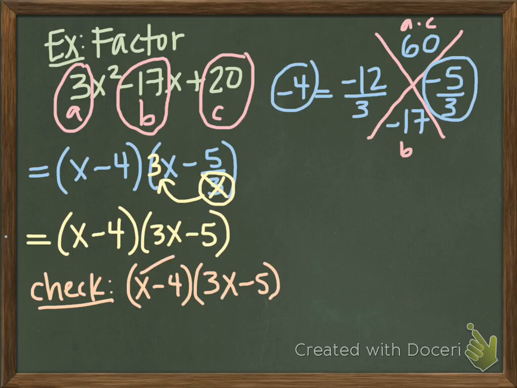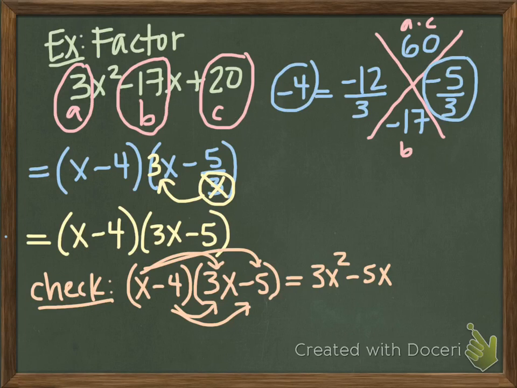So let's double distribute. X times 3x is 3x squared. X times negative 5 is negative 5x. Negative 4 times 3x is negative 12x. And negative 4 times negative 5 is positive 20.